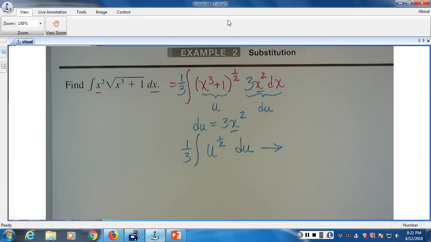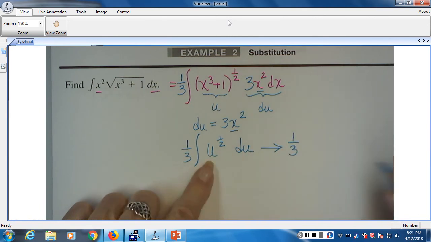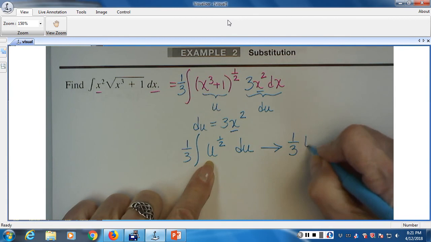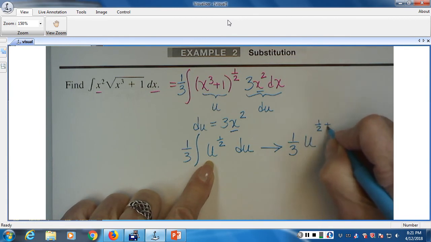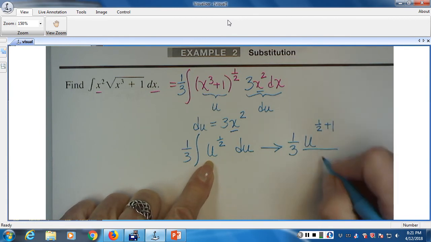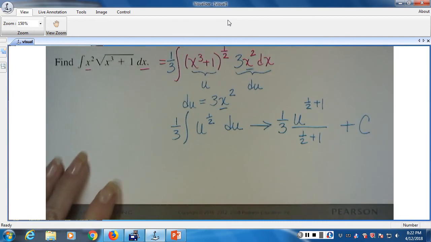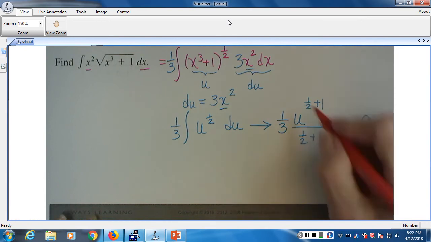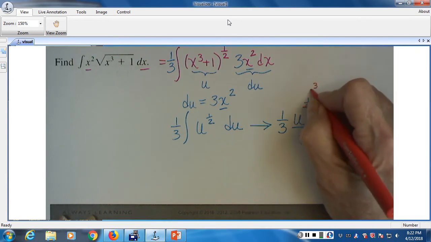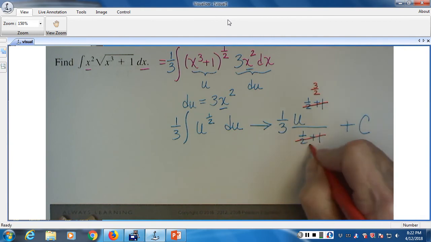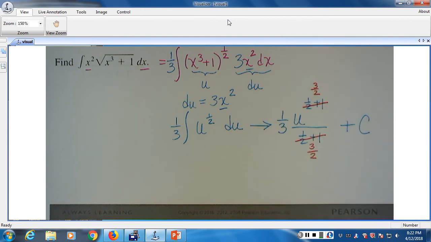So with the substitution, this is going to be 1/3 times u to the 1/2 plus 1 divided by 1/2 plus 1, and then plus some constant out here. And since 1/2 plus 1 is equal to 3/2, then what's going to happen is I've got this.